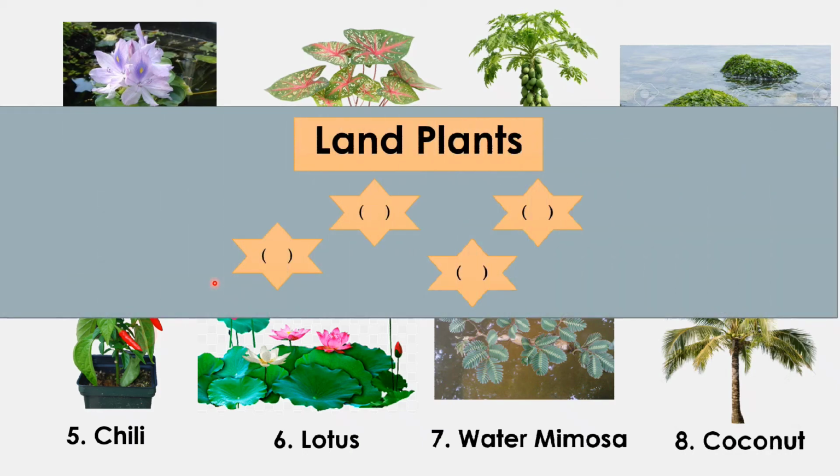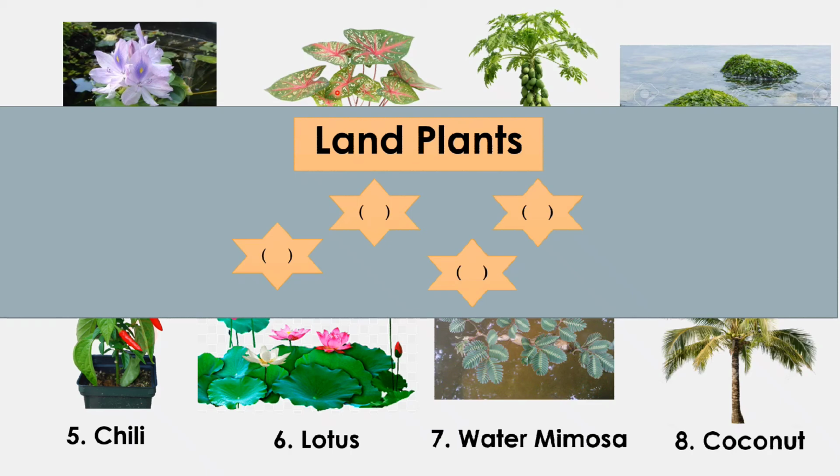Okay, first we have to write the numbers of the plants that grow in the land. Again, the land plants. Does water hyacinth live or grow in the land? Okay, how about caladium? Does it grow in the land?